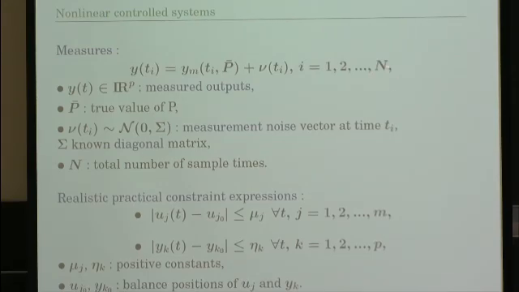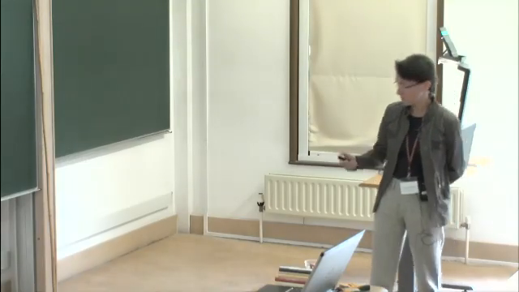The number n here represents the total number of sample times. In aerospace, we suppose we have some realistic practical constraints given by these two inequalities, constraint here on inputs and here on outputs.